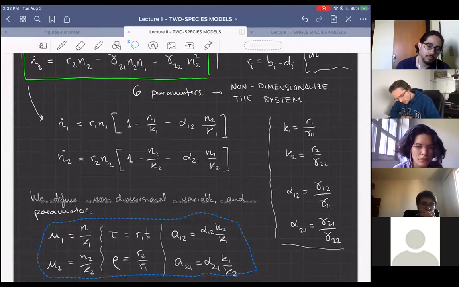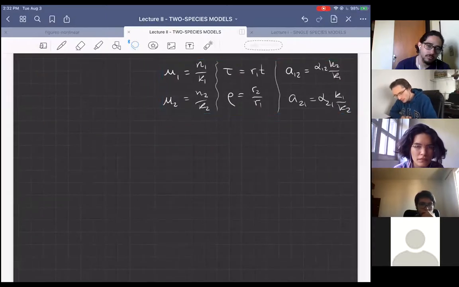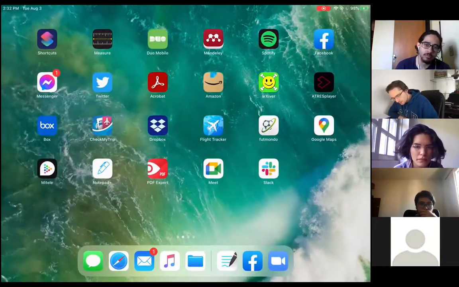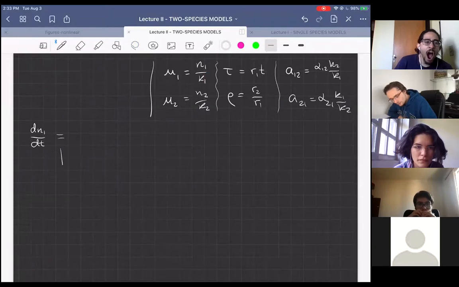Let me copy this because if not, I will do something wrong. So these are our non-dimensional units, the variables and parameters. If I want to write the derivative of n1 with respect to t in terms of these new variables, what I have to do is consider that n1 is equal to u1 k1.